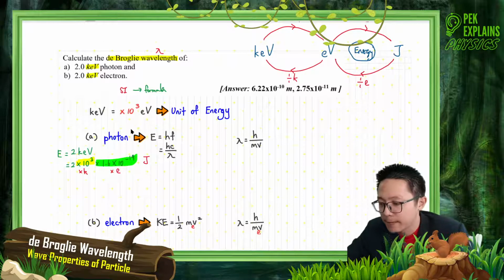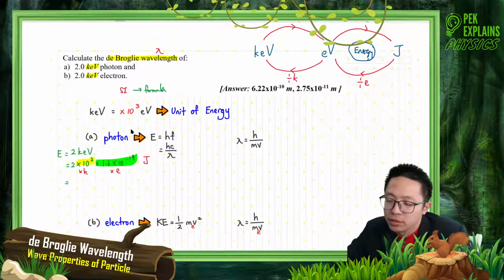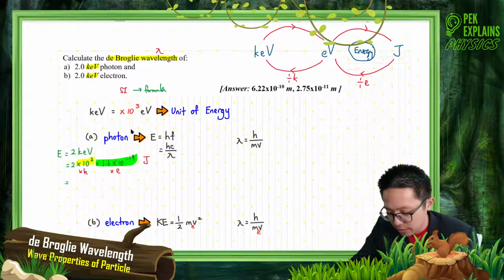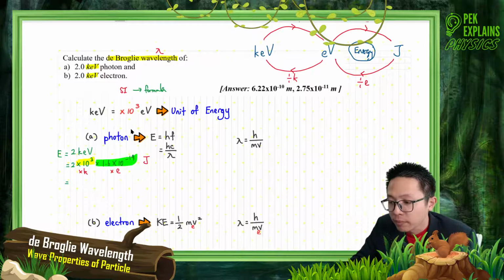All right, so what answer do I get? After I multiply all these, let's use the calculator and see. 2 multiply 1 exponent 3, multiply 1.6 exponent negative 19.